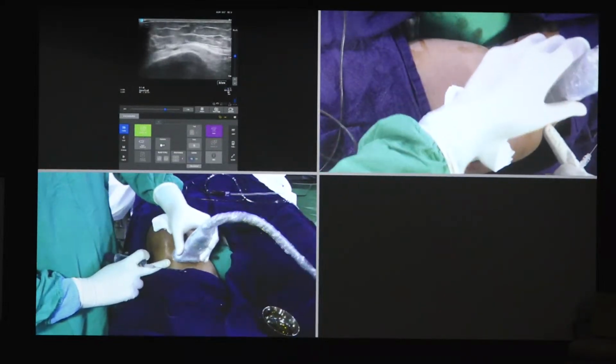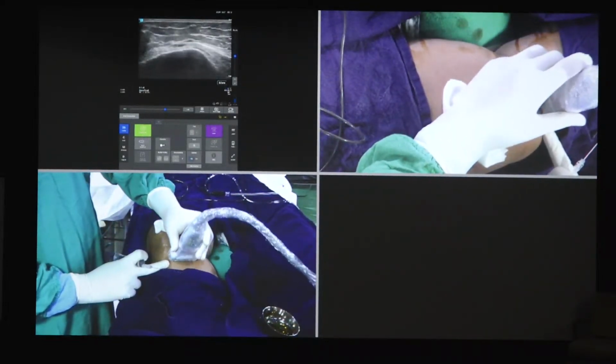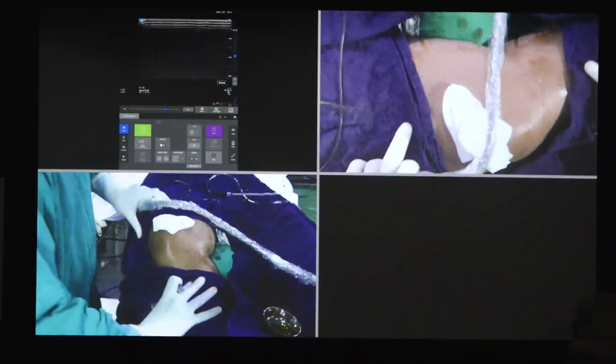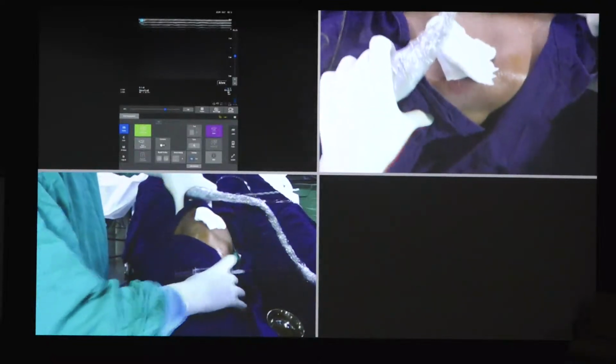Again, I'm going to turn my probe to the short axis of the tibia, and I'm just going to reposition the patient's knee.